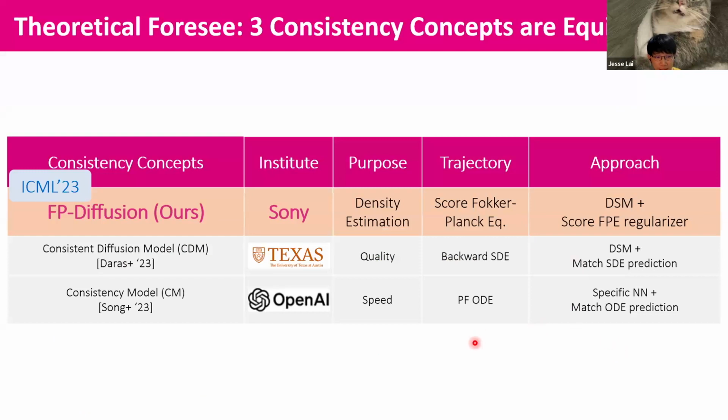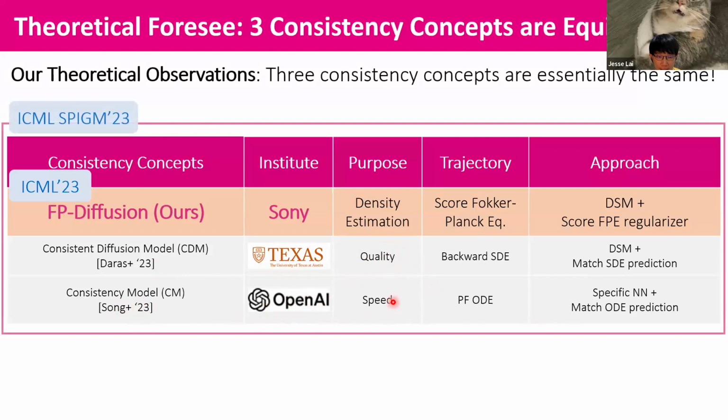At the same time, there are several works done by other institutes. This work is done by the University of Texas, trying to improve diffusion model sample quality. And what is quite well known is the consistency model from OpenAI, which aims to do one-step or few-step generation with diffusion models.